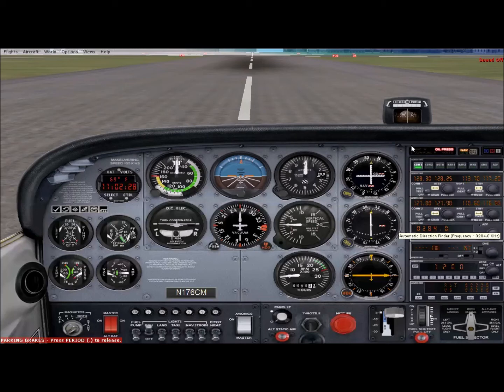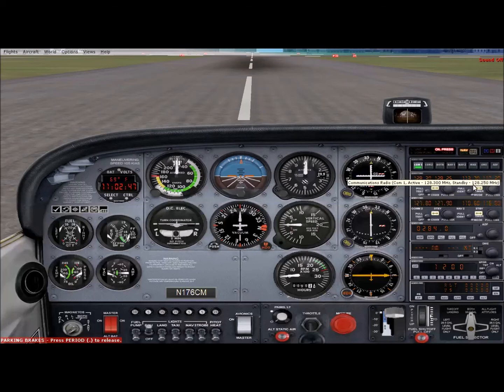Now, this is the radio stack. And this is the autopilot. Again, this will need a lot of discussion. We will do that in a subsequent session. Right now, we will only fly the Mumbai.